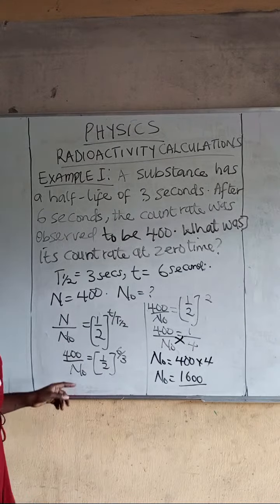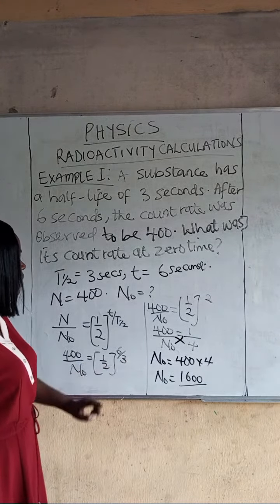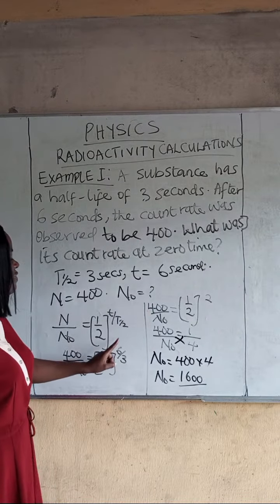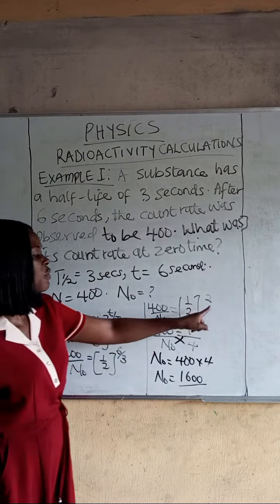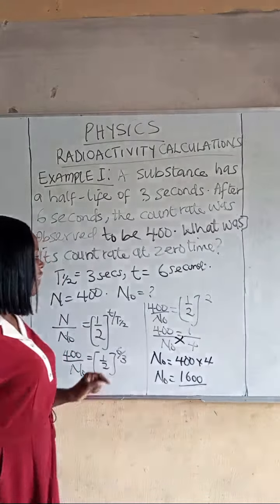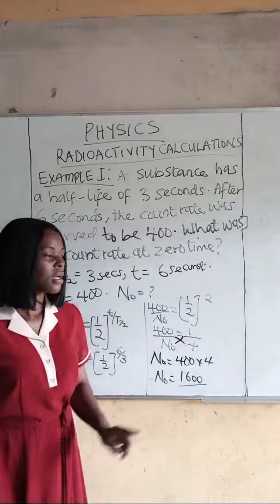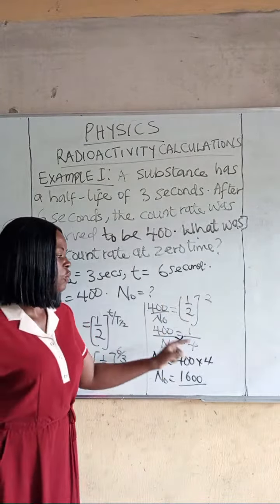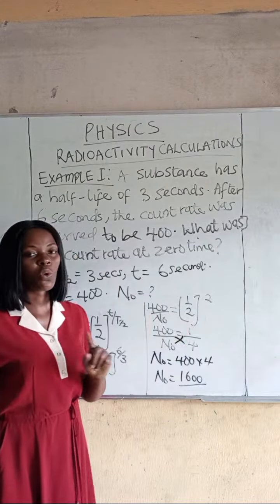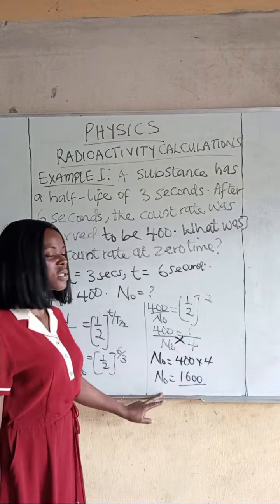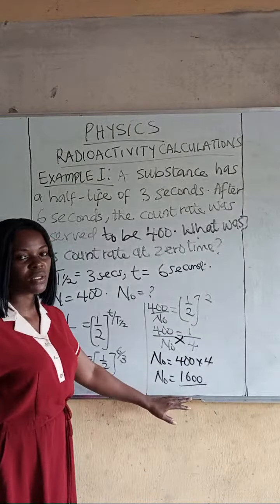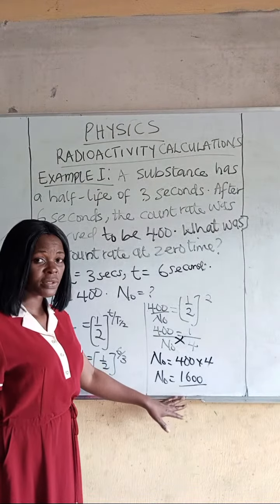Now I'm going to divide it. 6 divided by 3 is going to give me 2. Now I'm going to remove this power. 1 raised to the power of 2 is equal to 1, and 2 raised to the power of 2 is equal to 4. Then I'll cross multiply, and my n naught equals 1,600. I hope you understand that.